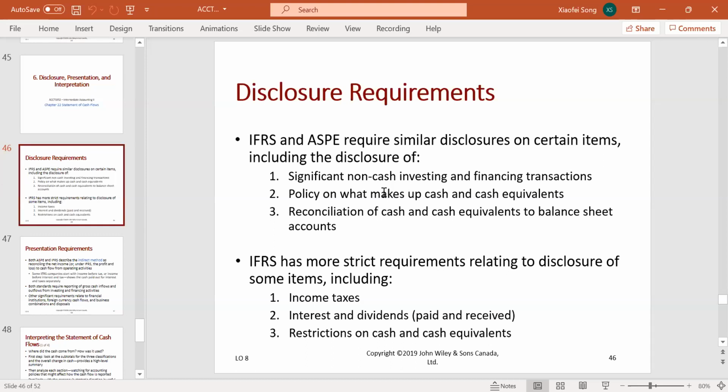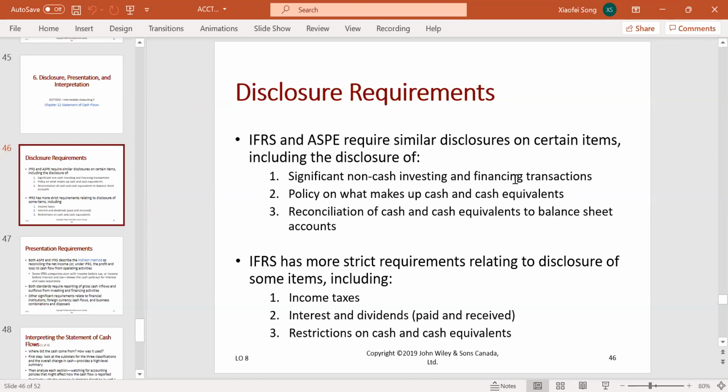The one that we experienced in both direct and indirect format is non-cash investing and financing transactions. So our example is land, equipment. Some PPE was purchased in exchange for a note, with the company issuing a note for the purchase.